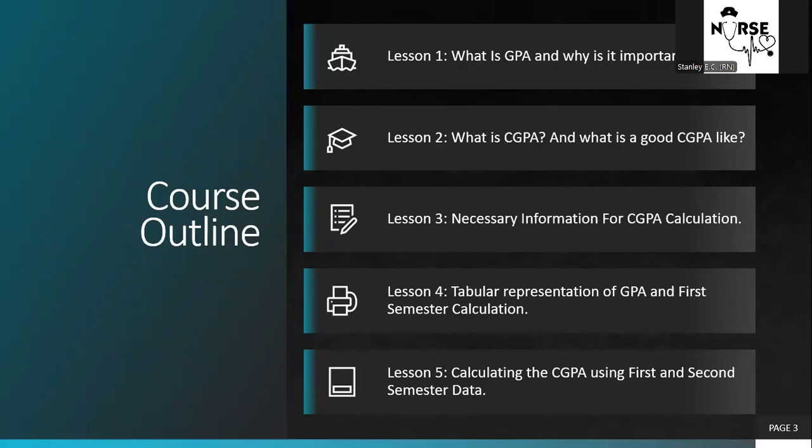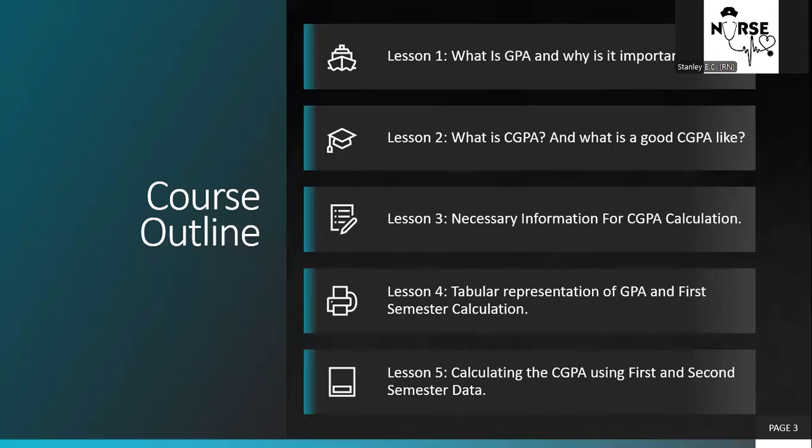Lesson number 4: tabular representation of GPA and first semester calculation. We'll be using first and second semester for calculating CGPA. Lesson number 5: calculating the CGPA using first and second semester data. So these are the contents of this presentation, how to calculate your CGPA.